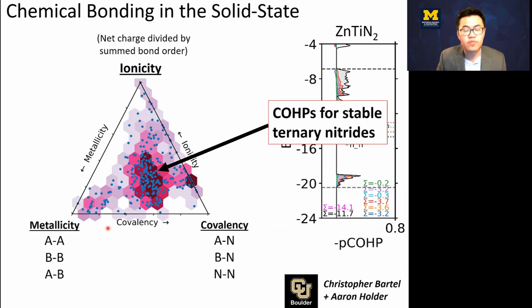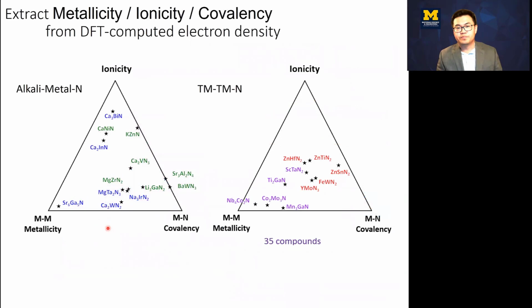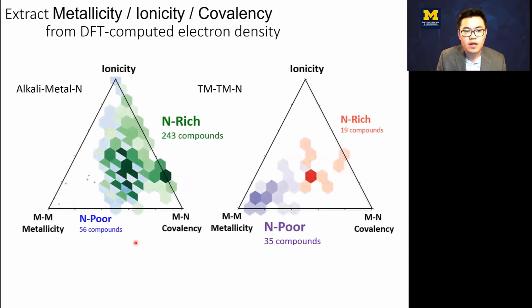And so when we do this for all the ternary nitrides at a big data level, here's what we found. When you put the alkali metal nitrides onto this ionic, metallic, and covalent triangle, the Van Arkel triangle, a lot of the alkali metal nitrides that were stable were nitrogen-rich nitrides that were calculated to be highly ionic and covalent.